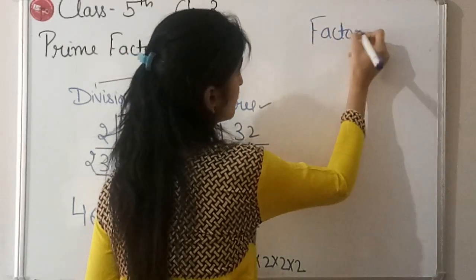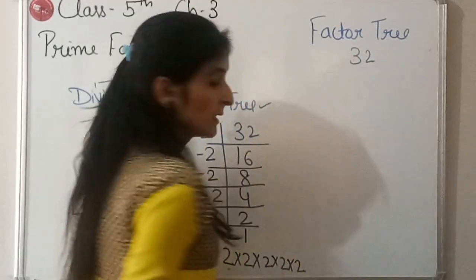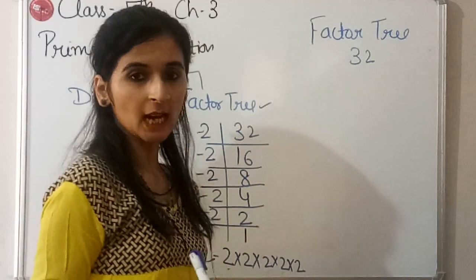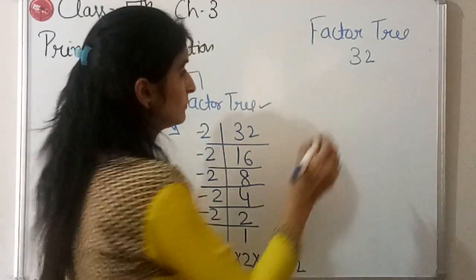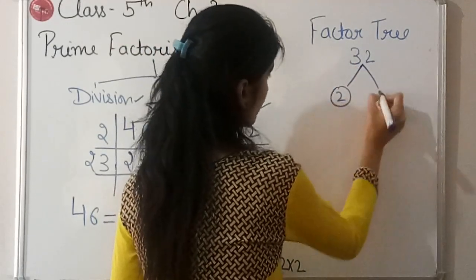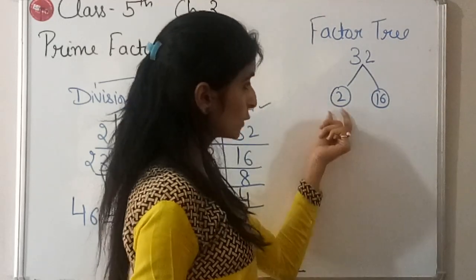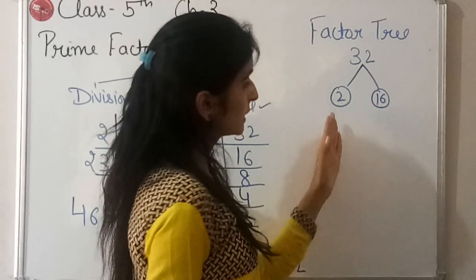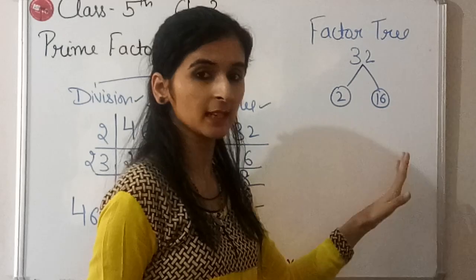Now let's come to the factor tree method. If I have to do the prime factorization of 32 by the factor tree method, how will I do it? We will start with the first prime number, that is 2. So I can write it as 2 16s are 32. Now this 2 is a prime number, so we will leave it here itself.